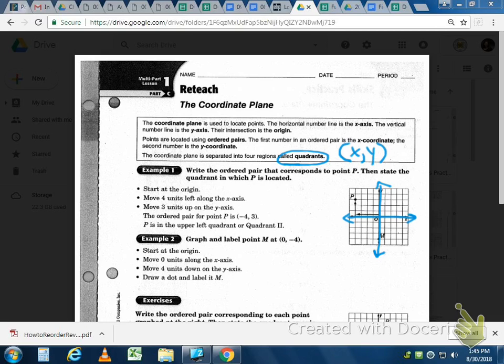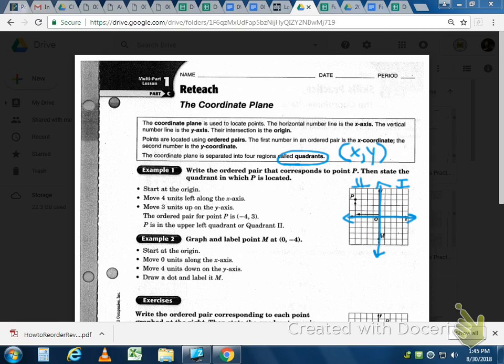Now what I need for you to do in the upper right hand corner, I need you to put a letter I there. That's Roman numeral 1. Because up in the right hand corner, that is quadrant 1. And then it goes in the counterclockwise direction with the numbers. So upper right is 1.